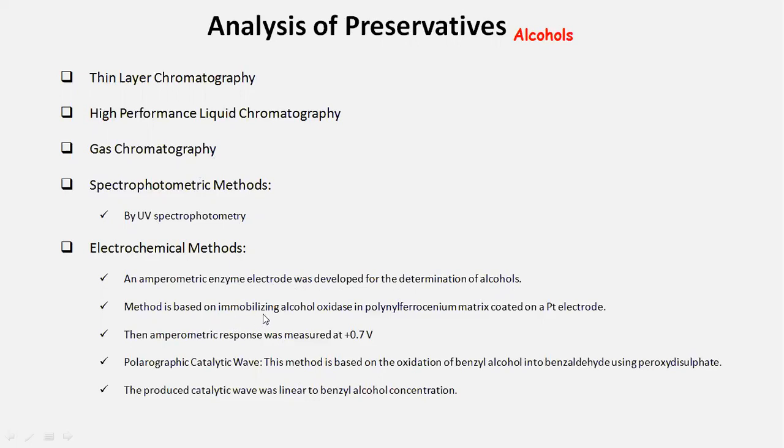This method is based on immobilizing alcohol oxidase in a polyvinyl ferrocenium matrix coated on a platinum electrode. Then the amperometric response was measured at plus 0.7 volts. Coming to the polarographic catalytic wave, this method is based on oxidation of benzyl alcohol into benzaldehyde using peroxydisulfate. So the produced catalytic wave was linear to benzyl alcohol concentration. By this way, through electrochemical methods, preservatives belonging to the alcohols category can be analyzed.